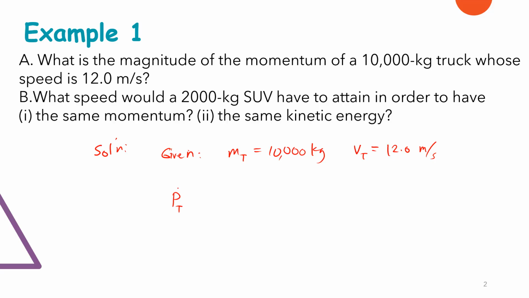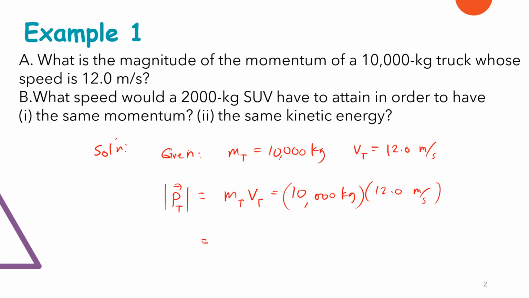The magnitude of the momentum is equal to the mass of the truck times the speed of this 10,000 kilogram truck. So this is basically equal to 10,000 kilograms times 12.0 meters per second.